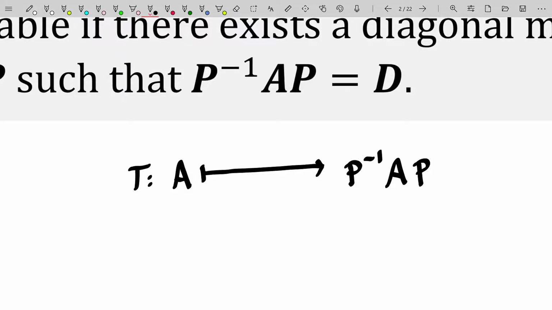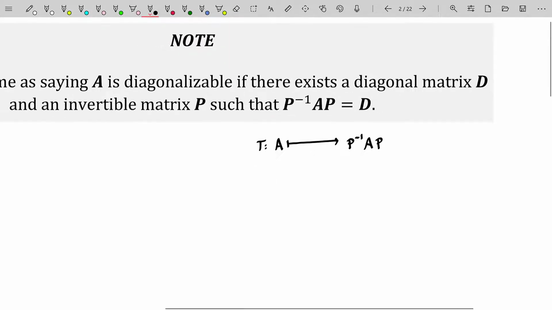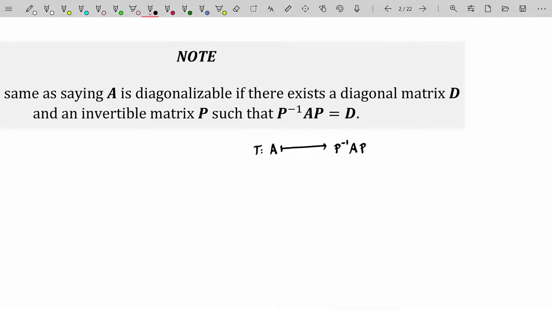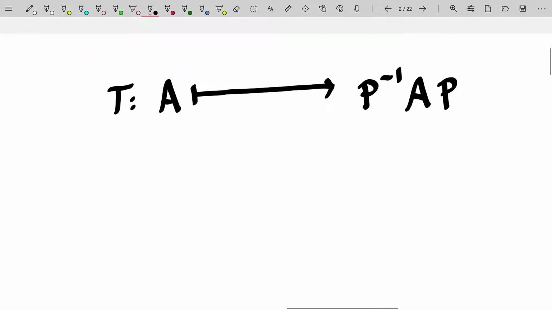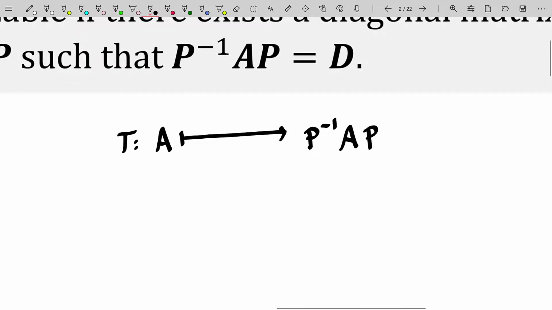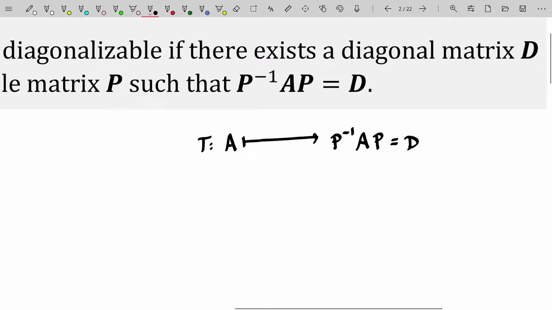Because we're saying that it's diagonalizable, if there exists a diagonal matrix such that A and that diagonal matrix are similar, that just means your transformation from A to P inverse AP will actually transform A into a diagonal matrix. That's all we're saying.